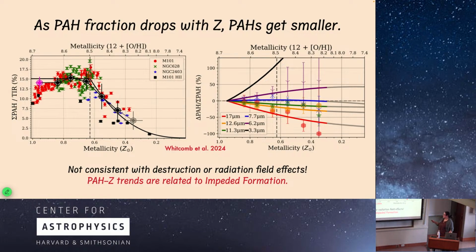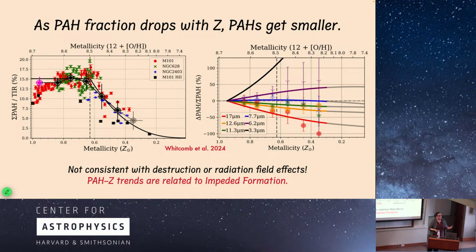So what he found, and this is summarized here, is that as you go down in metallicity, the PAH features that are coming from large grains, so that's 17, that's 12, that is 11.3, they decrease relative to the others. But the features coming from small grains, like our friend 6.2 here, 7.7, and then this is a prediction for 3.3, they increase.